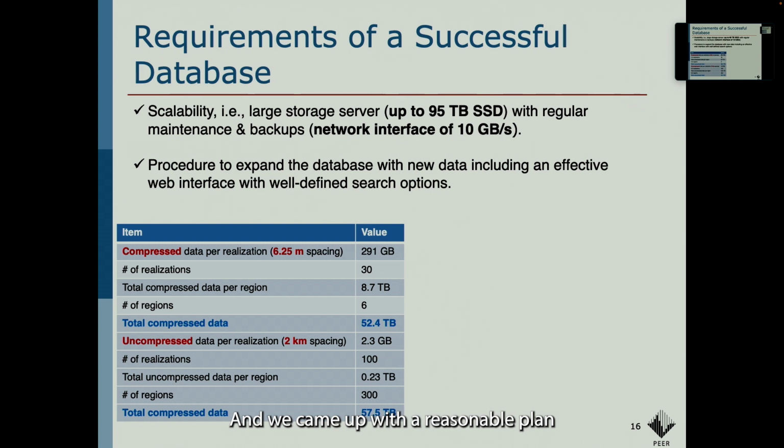And we came up with a reasonable plan that you see in this table that we can achieve both options within that storage space in a realistic way with the available resources. So that's what we started developing, is to acquire this hardware so we can have this data available to our community.